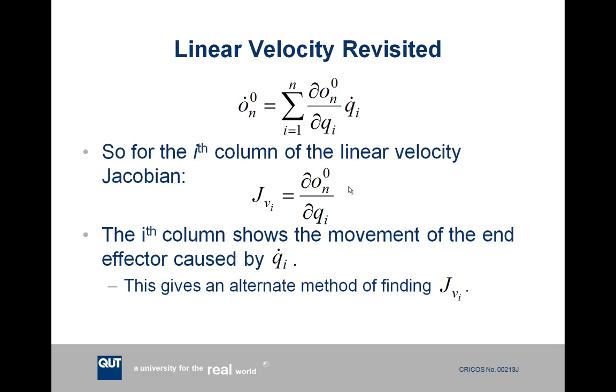In other words, the ith column of your linear velocity Jacobian shows the movement of the end effector, or the tool point, as caused by the joint velocity q dot i. And this leads us to an alternative method of finding the linear velocity Jacobian.